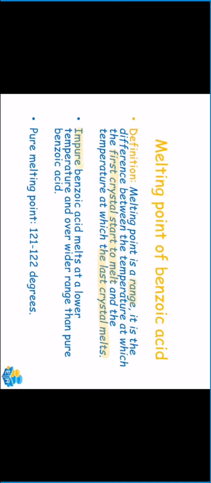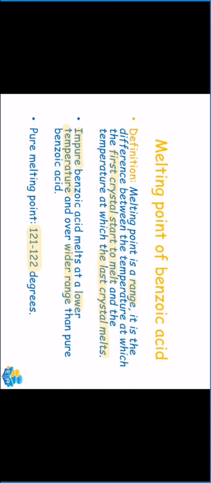Impure benzoic acid will melt at a lower temperature and over a wider range. So the more impurities that are present, the lower the temperature will be and the wider the range. And we know that pure benzoic acid will have a melting point of somewhere between 121 and 122 degrees. That is the range.